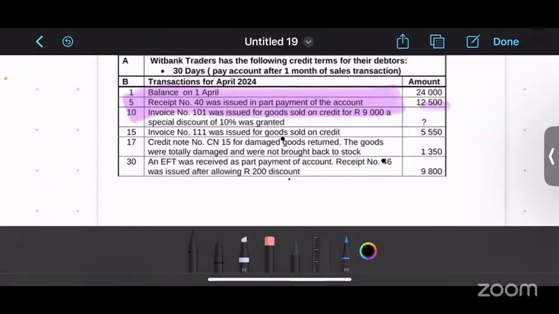And another thing is to charge interest on late payments. If somebody doesn't pay on time, you charge them interest, let's say 2% of the whole amount. For example, if somebody owes the business 100 rands, and this person doesn't pay, and the next month doesn't pay, then you add 2 rands to what they're owing.